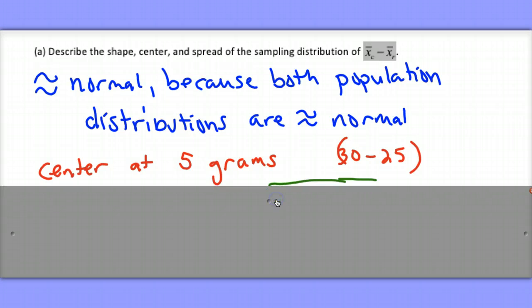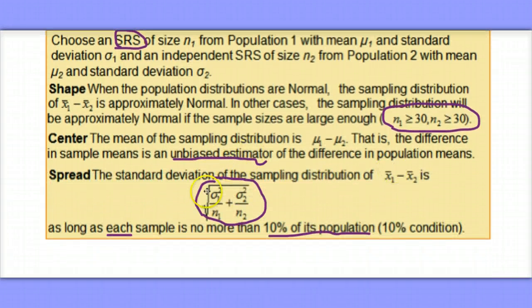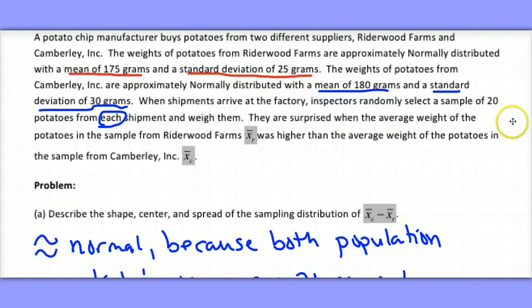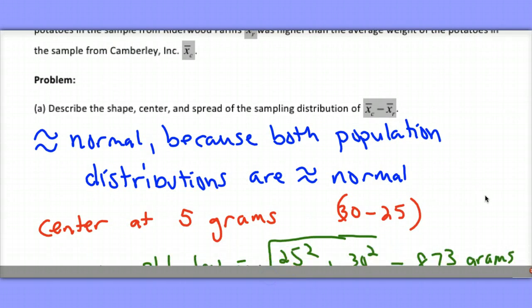And for the standard deviation, we're going to have to use this formula back here that we saw on the previous page, where we have the standard deviation of the population divided by the square root of the sample size. So let's go down here and see what that would be.